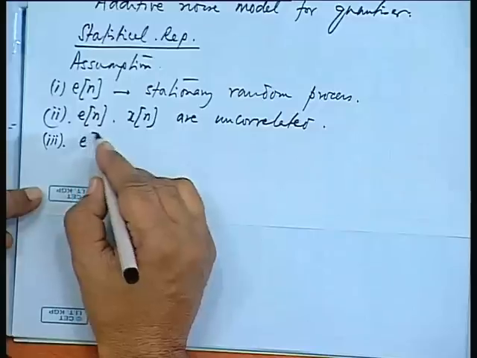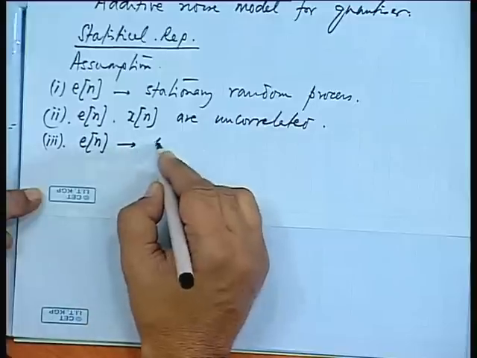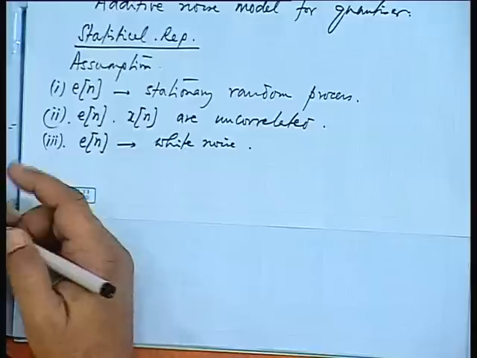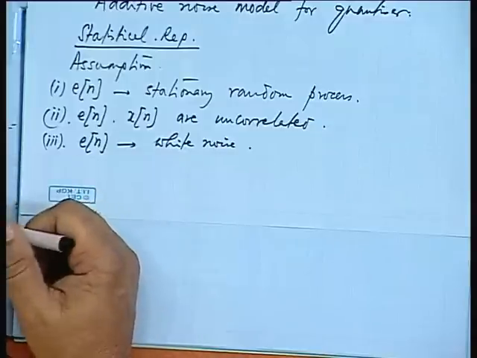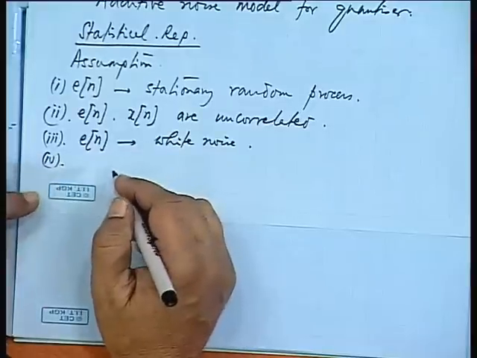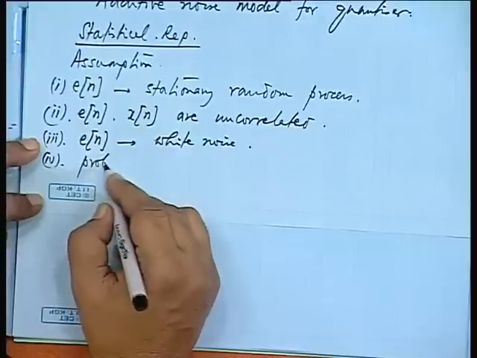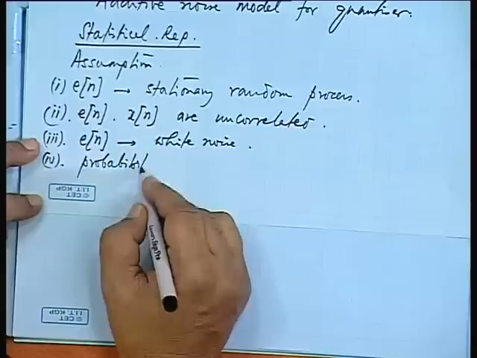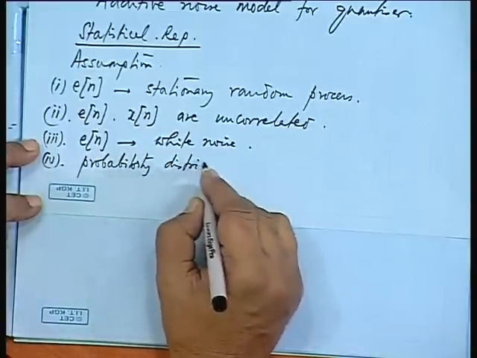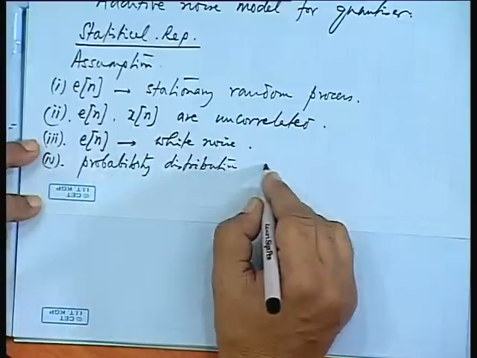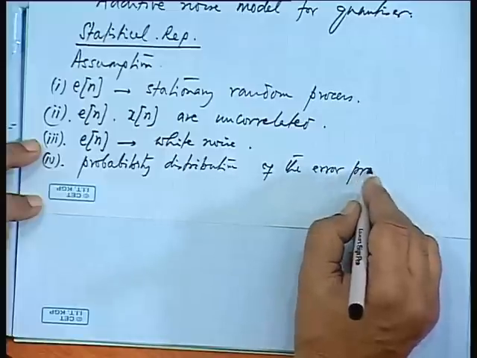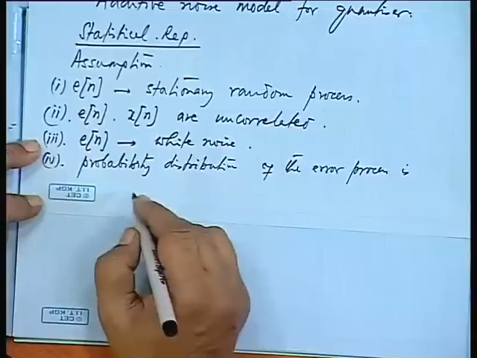So, En is a white noise. A white noise means it has all possible frequency components, all right. Then the probability distribution of the error process is uniform.